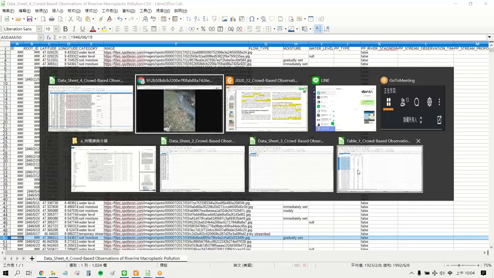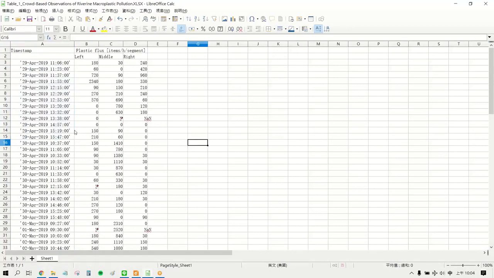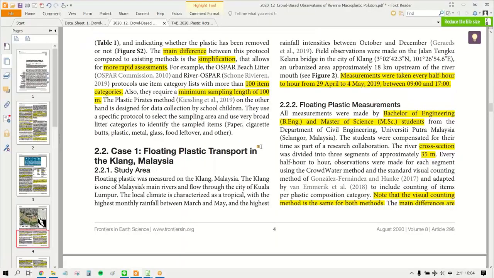And because in this river they use the traditional method, you can see the data is not simultaneously counted. It doesn't always start from 9 a.m., sometimes it starts from 11 a.m., so it's quite different. And the data was collected by school students, bachelor and master students.